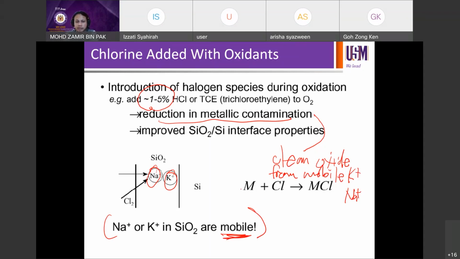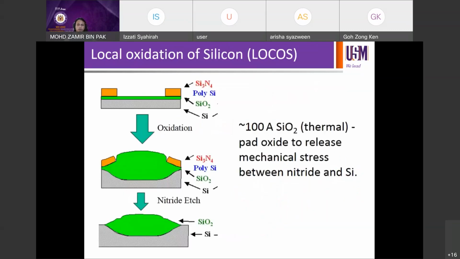So for example, if you have these mobile ions reacting with the chlorine species added to the oxidation process, they will be trapped as a compound, MCl. Okay. Whatever ions react with the chlorine species, they will be trapped, no longer mobile.